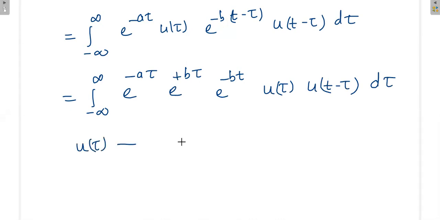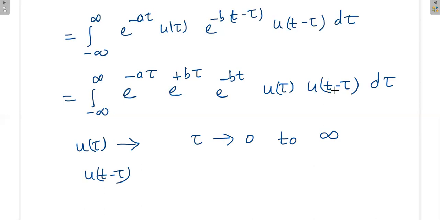U of tau means tau goes from 0 to infinity. What is u of t minus tau? We are in the tau domain, so tau is the variable, and we'll assume t as a constant.